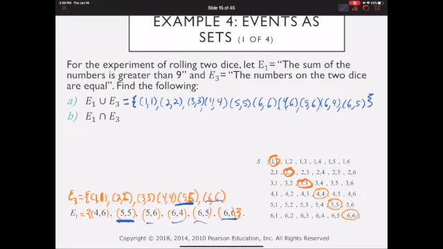Now I want to look at the intersection. The intersection is when both events occur. Well, they both occur here and here, right? This is where both the sum of the numbers is greater than 9 and the numbers on the two dice are equal.